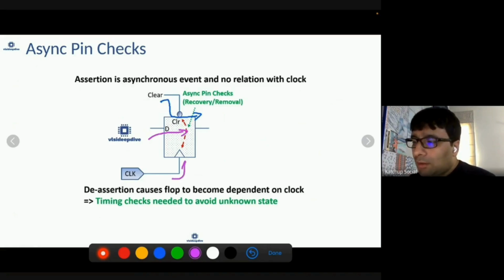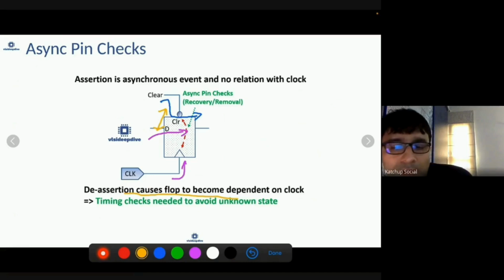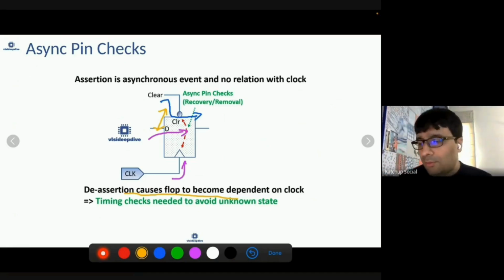So when you migrate from asynchronous to synchronous events, in order for the design to behave reliably, that de-assertion is dependent upon the clock, and there need to be some time requirements, similar to setup and hold. So there are timing checks needed to avoid an unknown state if this transition happens very close to the clock.